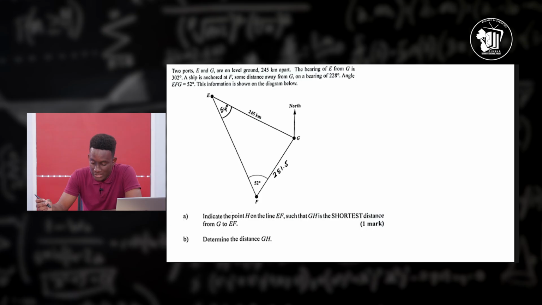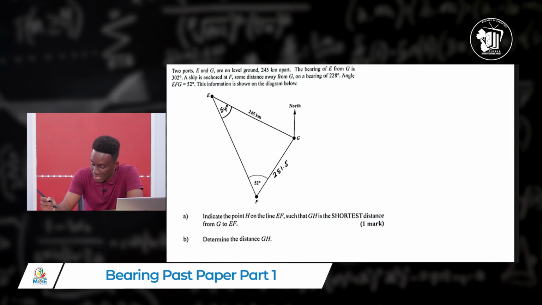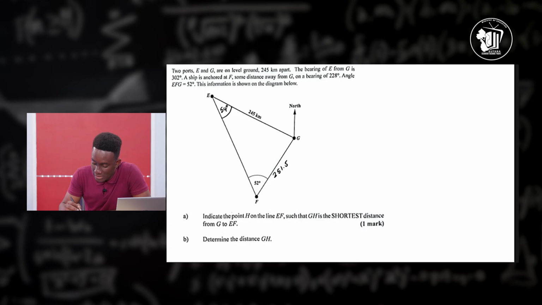The next question says, indicate the point H on EF such that GH is the shortest distance from G to EF. So we want the point H on the line EF, which would be this line here. GH, from G to some point on this line, is the shortest distance, which means it is perpendicular to this line.